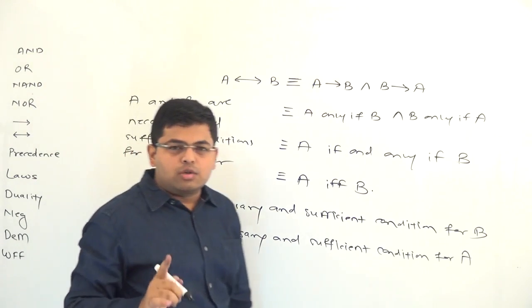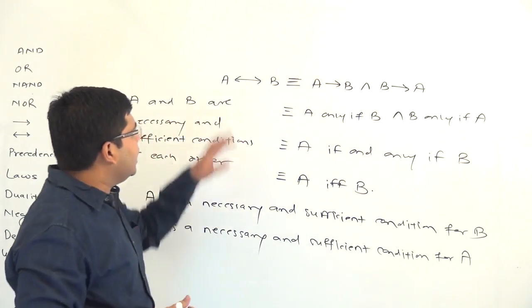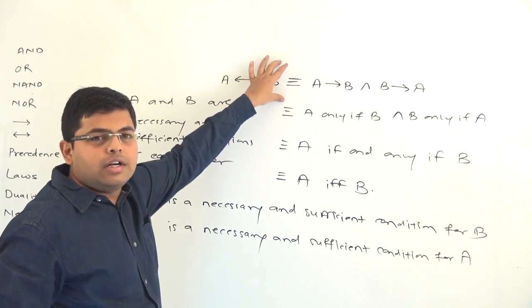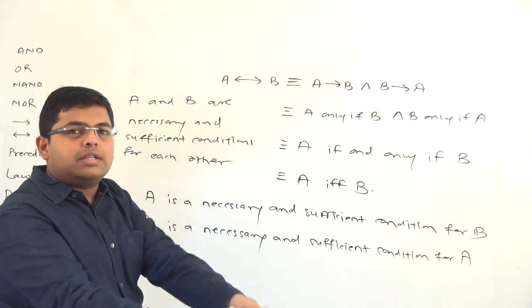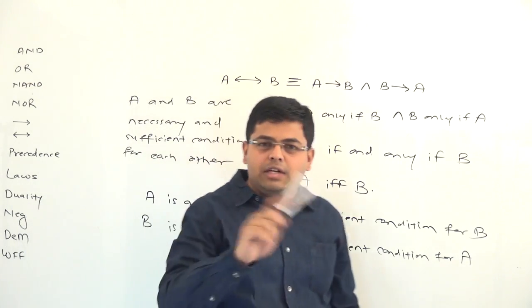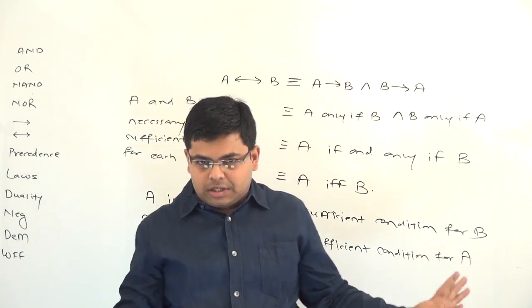So that is the first conclusion that we can say. Whenever you have A double implication B, it means A is a necessary and sufficient condition for B, B is a necessary and sufficient condition for A, and A and B are necessary and sufficient conditions for each other.